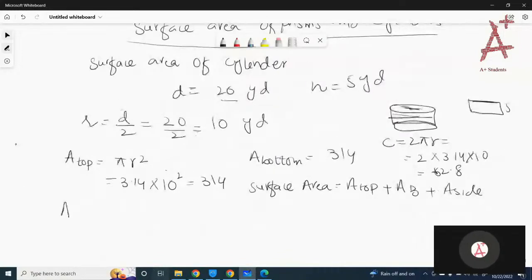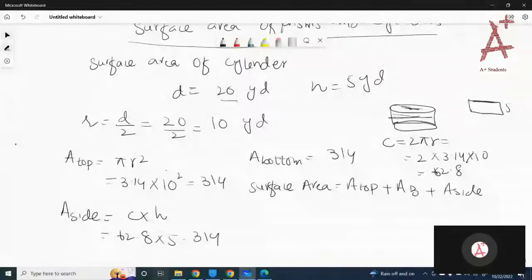The area of the curved surface is circumference times height. Circumference is 62.8 and height is 5. So 62.8 times 5 would be 314.